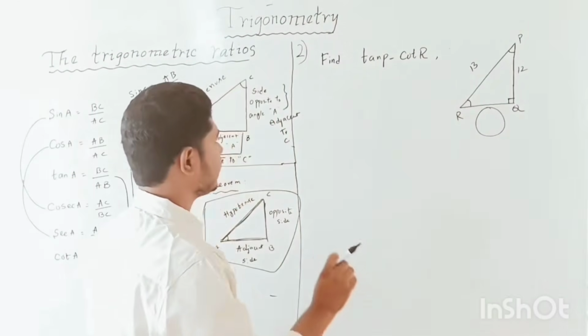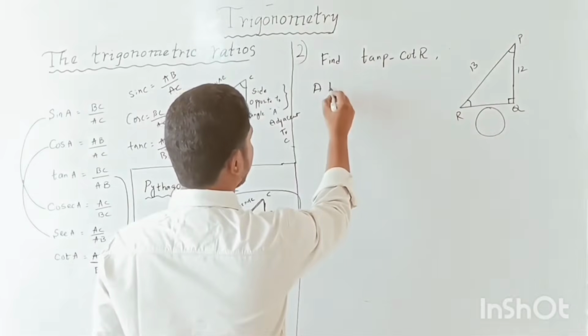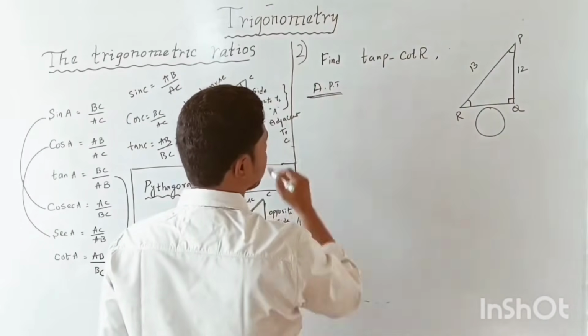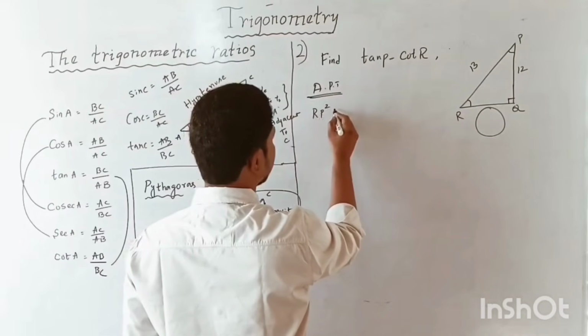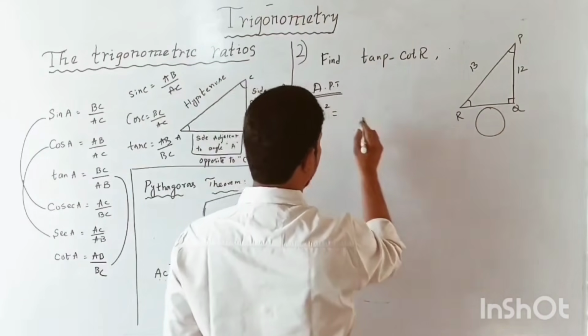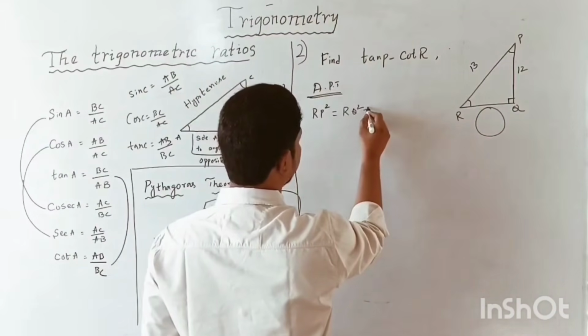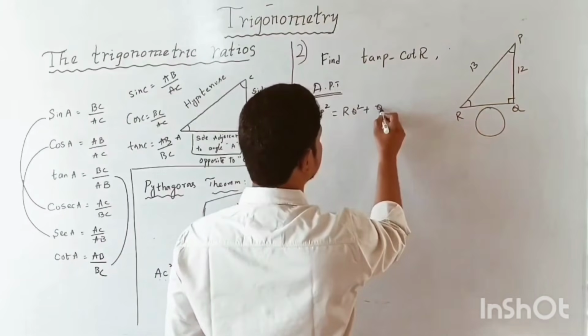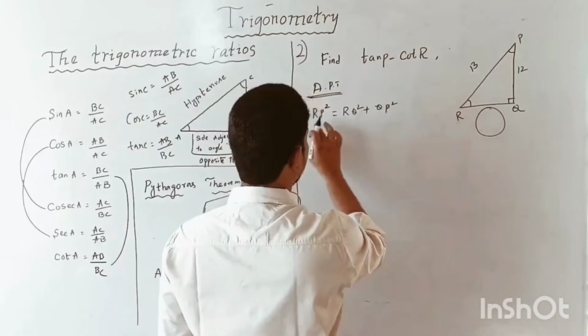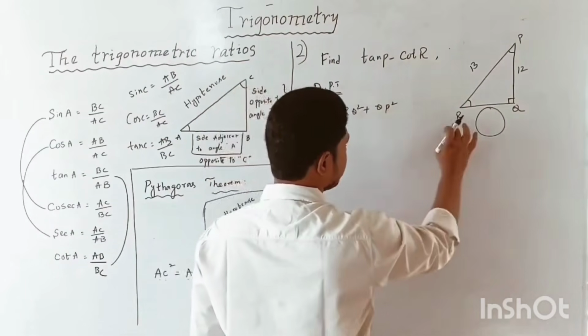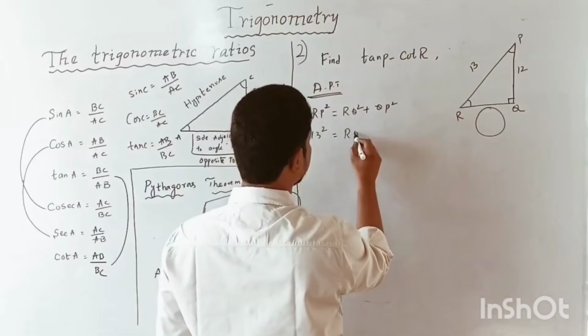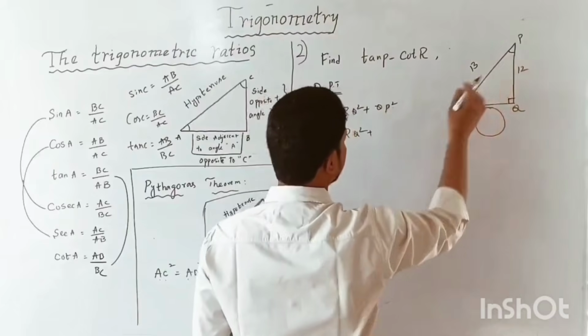See, what is Pythagoras theorem? According to Pythagoras theorem, hypotenuse square, here the hypotenuse is RP, so RP square is equal to RQ square plus QP square. Now RP square, that is 13 square, is equal to RQ square plus, what is this? 12 square.